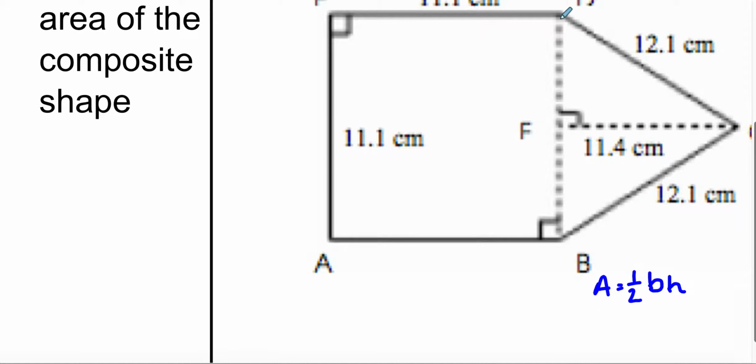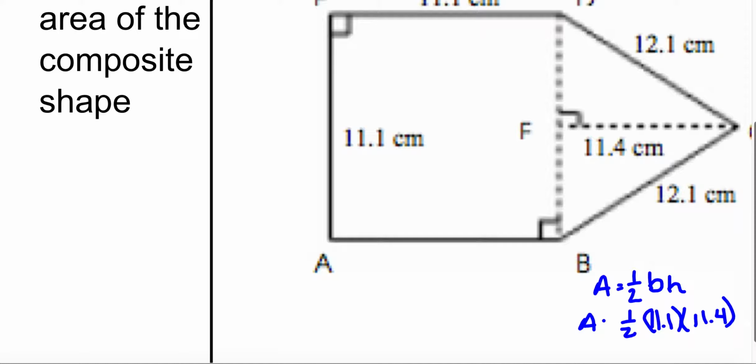When I look at this, I know that the length of the base is going to be the same as the length of this side here. So the base is going to be 11.1. I know that the height of the triangle, which is right here, and it doesn't look like it because the triangle looks like it's laying on its side, but this is the height, that is 11.4.